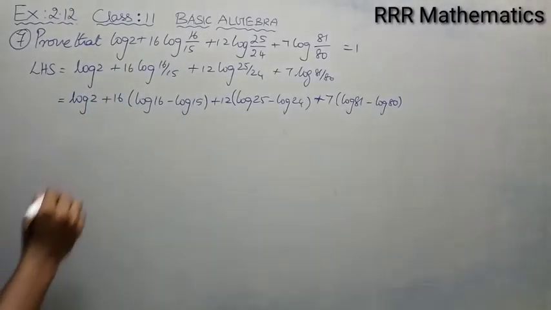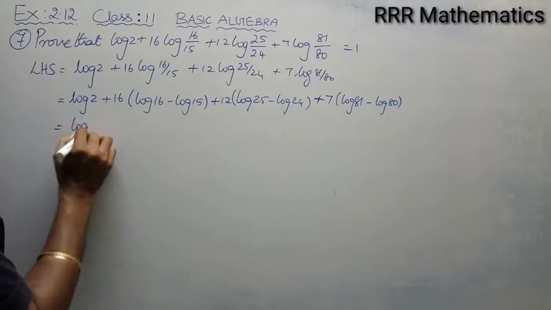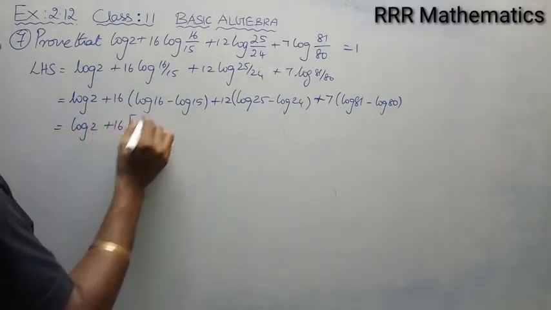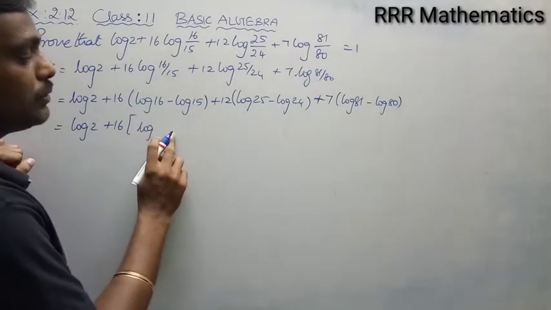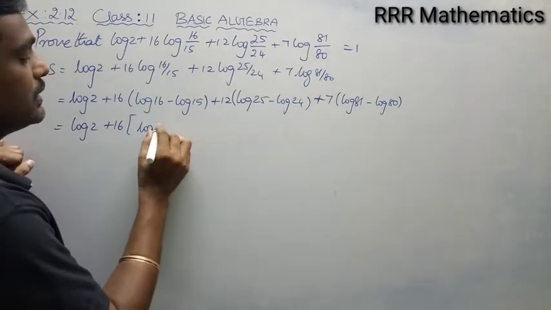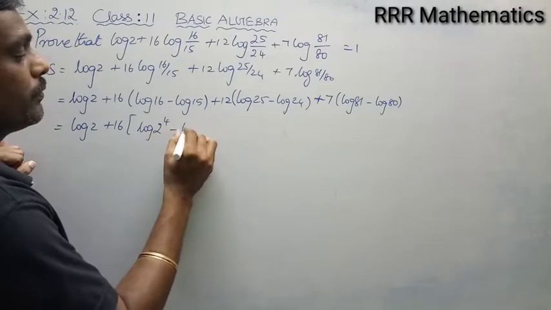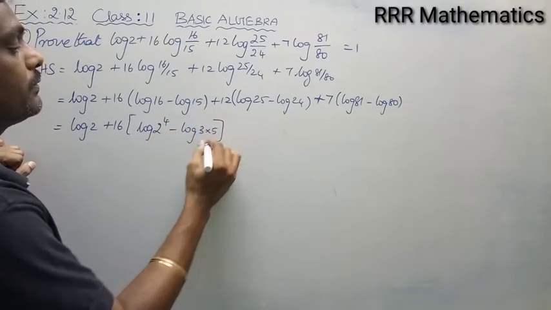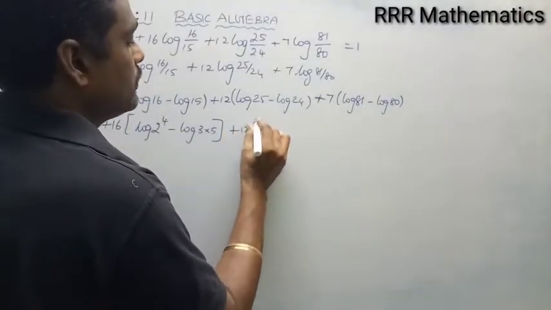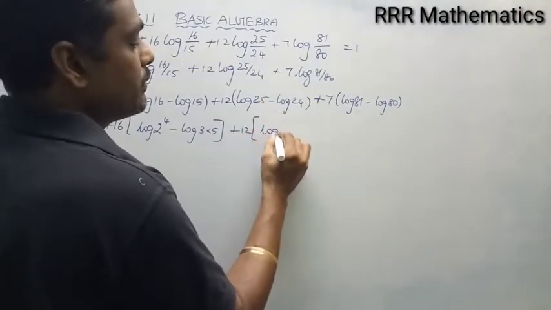Using prime factorization, simplify. 2 is already a prime number, no problem. Log 16: 2 twos are 4, 4 twos are 8, 8 twos are 16, so 2 power 4. Prime factorization of 15 is 3 into 5. 25 is 5 square.